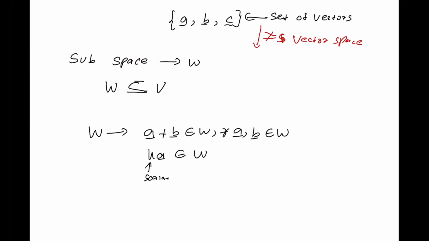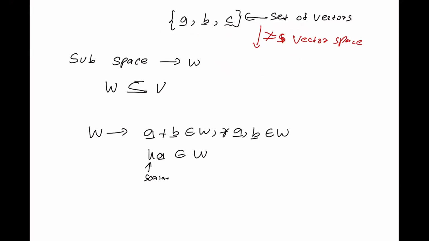We have to deal with matrices, and we have to deal with basis sets and spanning sets and all other things. Up to now, is it clear? There is nothing much to memorize. The only thing you have to understand is that a set of vectors is different from a vector space. Vector space is one thing, set of vectors is another thing. If you understand that, that is totally fine, right?